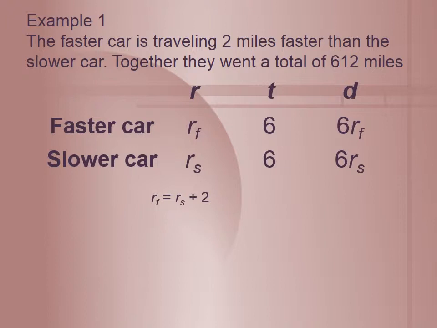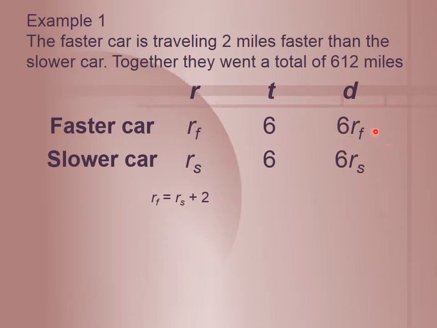So we know that the rate of the faster car is 2 miles faster than the slower car. So the rate of F, R sub F, is equal to whatever your R sub S is plus 2. And that's how we get this equation here. We also know that together they went a total of 612 miles.